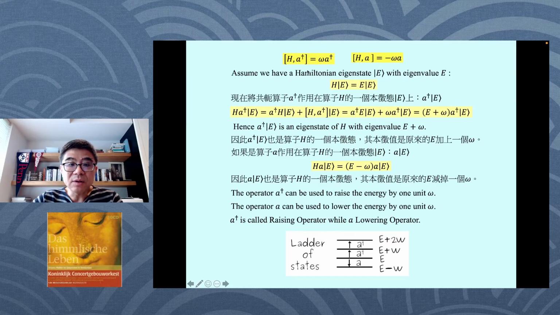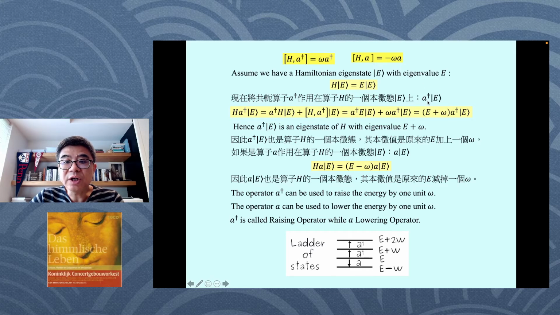Okay, so let me do a little bit of derivation as to why the statement I made here is correct. Now assume that we have a Hamiltonian eigenstate E with eigenvalue E. Then that means H acting on E is equal to the number E times the state E. Now I put A dagger acting on the eigenstate E, and we form this quantum state.